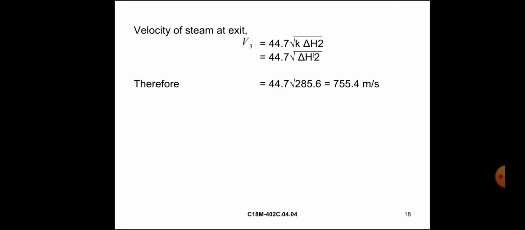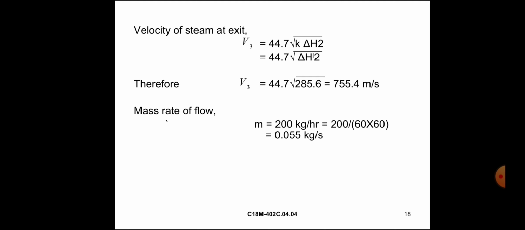Velocity of steam at exit: V3 is equal to 44.7 under root K Delta H2, or Delta H2', therefore 44.7 under root 285.6, which is 755.4 meter per second.